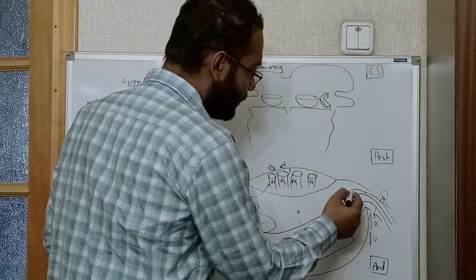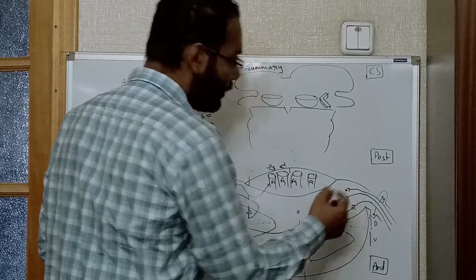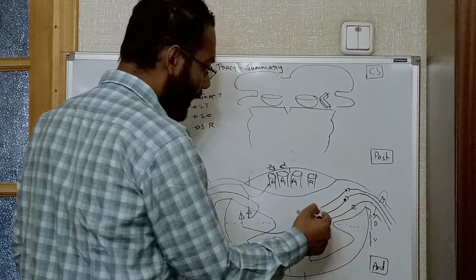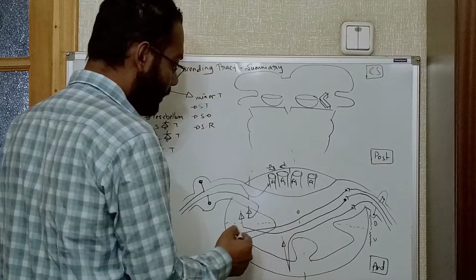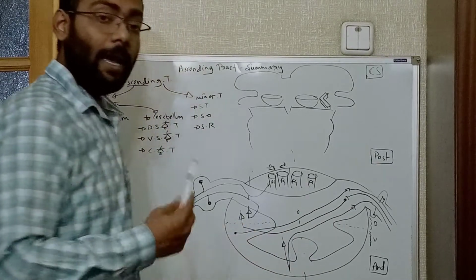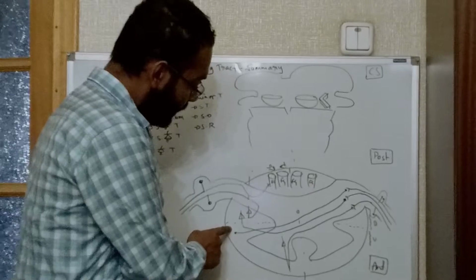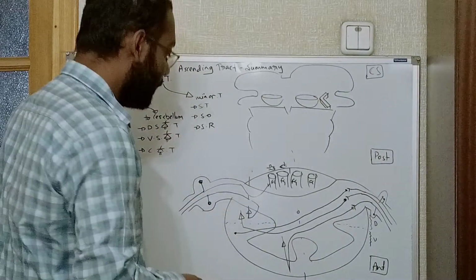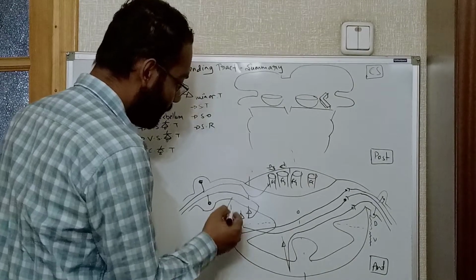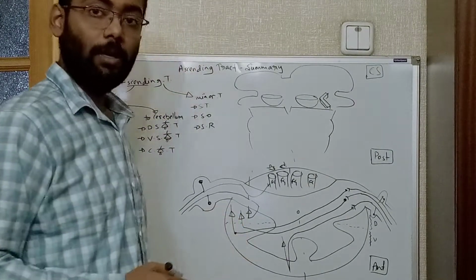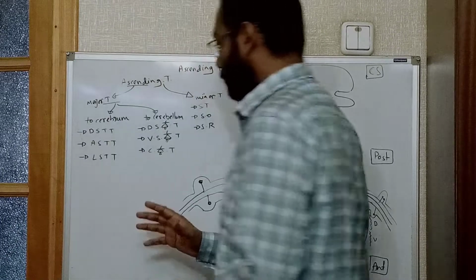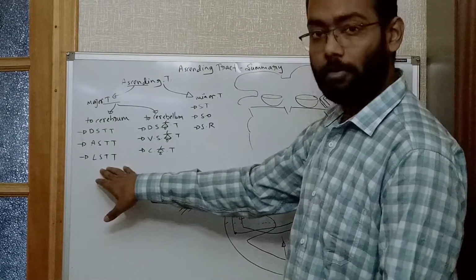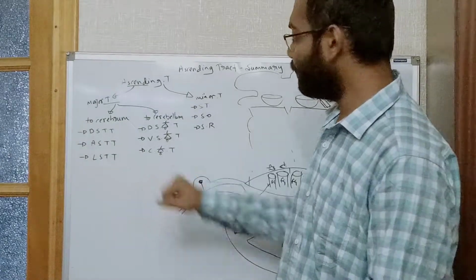Now it's terminating here, and the second order neuron is crossing contralaterally and ends up in the anterior part of the lateral white column. Now this fellow will ascend upward. So you know how to draw these six tracts, right?